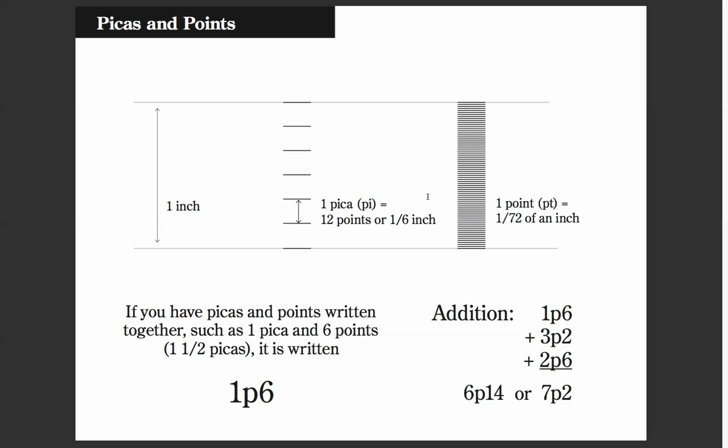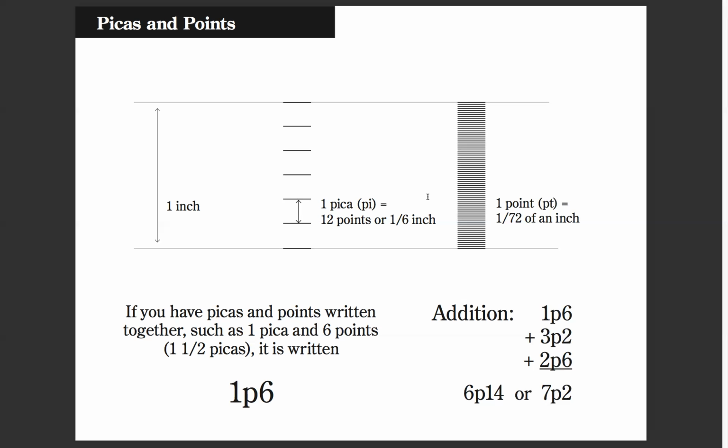So anyway, let me just run through this. If we have a series of mixed units, you would add the points first. In this case, it would be 6 plus 6 plus 2, which is 14, right? Okay. So 14. And then you'd add the picas. So 1 plus 3 plus 2 would be 6 picas.